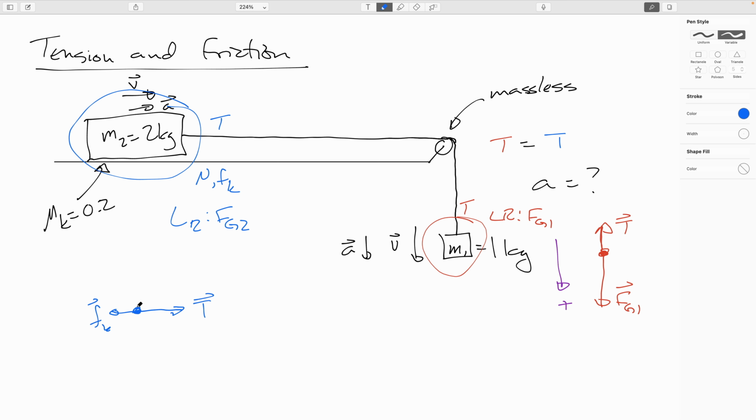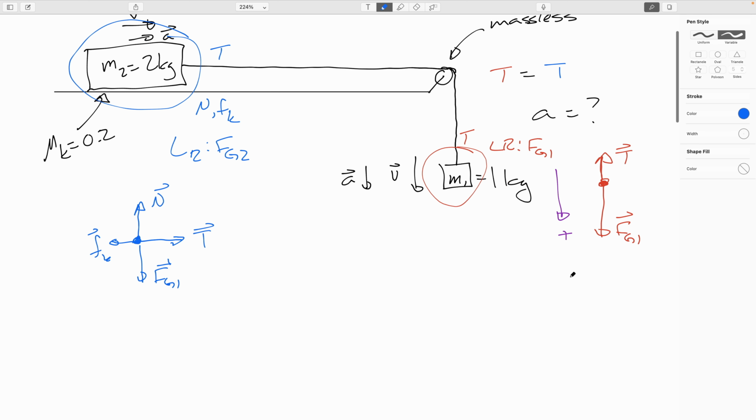And I drew it shorter than the force due to tension acting to the right because I know that the thing has to accelerate to the right if we're going to keep the string the same length. And then vertically, I will have the normal force and gravity, and I draw these the same length because they're the only forces that have any pieces vertically. And I know that the mass is neither levitating off the table nor is it crashing through the table.